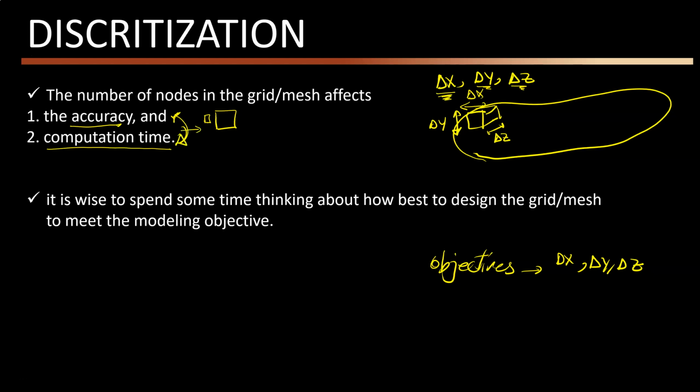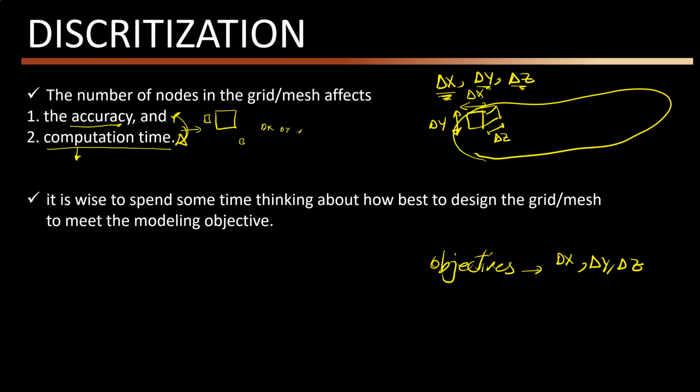If you have a computer which is fast enough, or if your model is small and you don't worry about the computational time, you're welcome to use a very fine delta x, delta y, delta z, very fine cells. If it is a regional model, a very big model, for example a statewide model, then probably you cannot use very small delta x, delta y, because the computational time would be problematic for you.